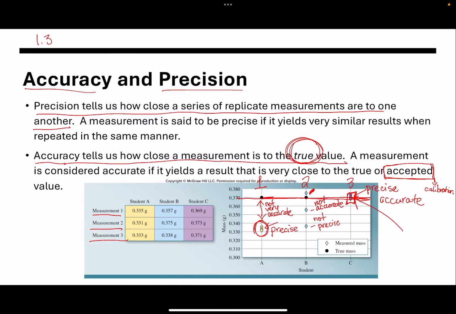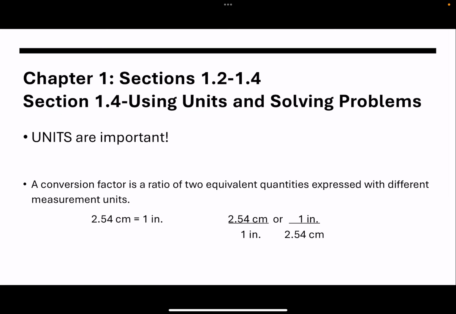So that was the end of talking about all our different types of measurements. And now we're going to go to section 1.4, which is using those measurements and our units and solving problems. What this is typically called in science, and I guess in math, you do this as well, is dimensional analysis.